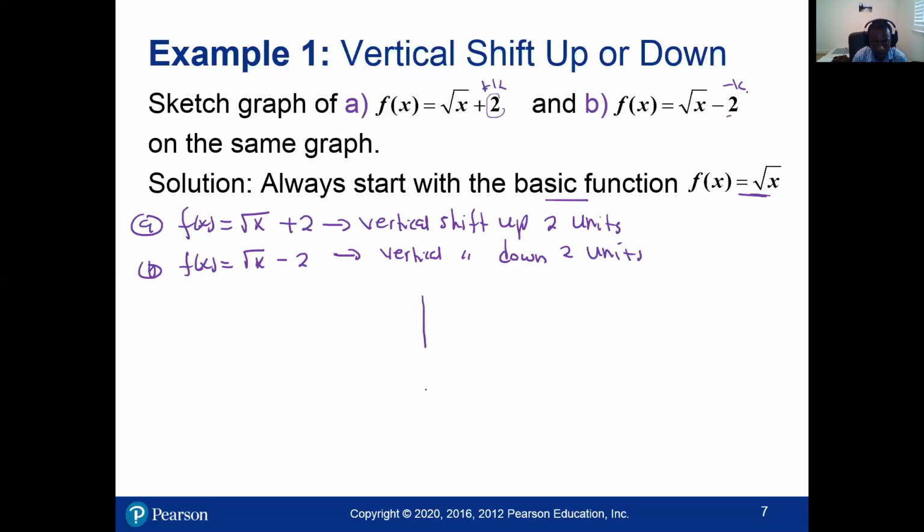So first, we want to draw the basic function, picking a few points on it. Let's draw our x and y axis. This is 1 and then 2, and then 3. I'm going to pick just 1, 2, 3, and 4.